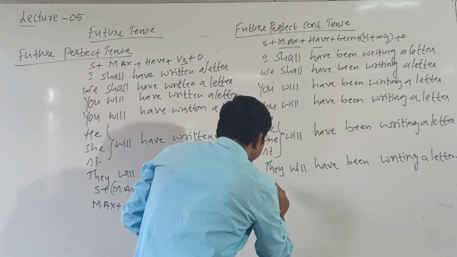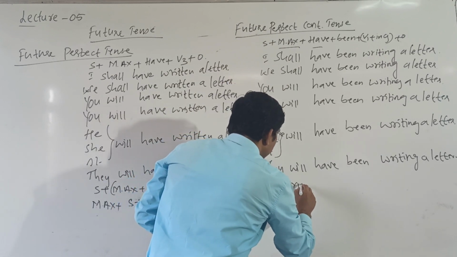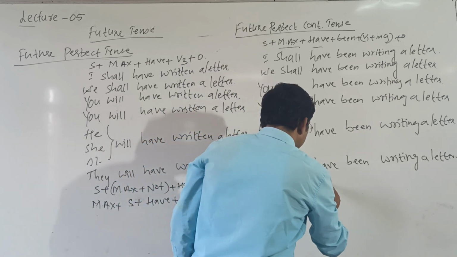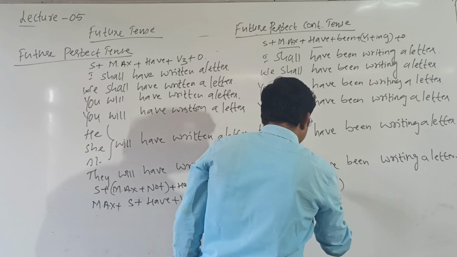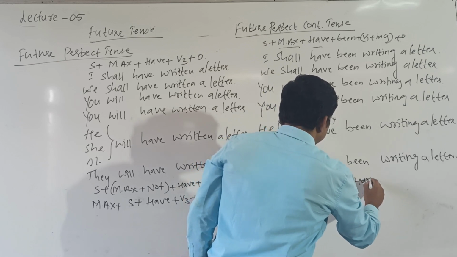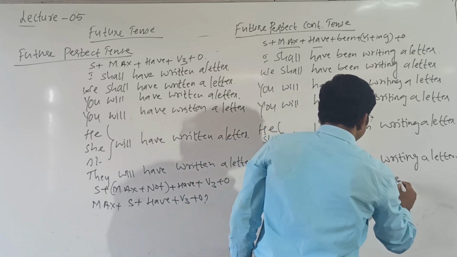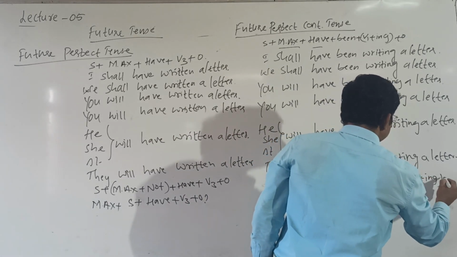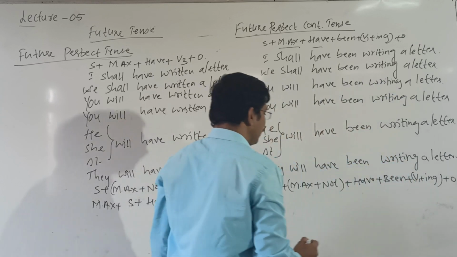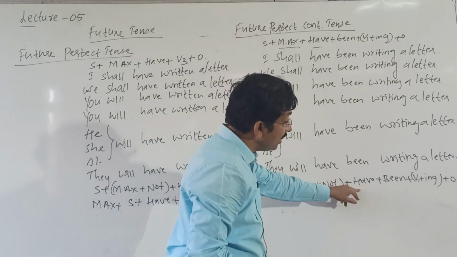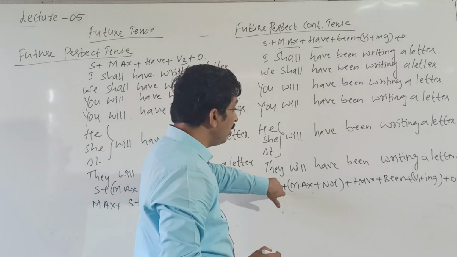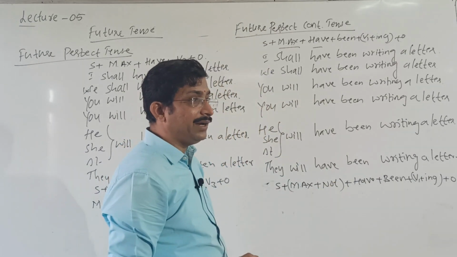Subject plus modal auxiliary, I shall not have been plus V1 plus ing plus object. I shall not have been writing a letter. He will not have been writing a letter.